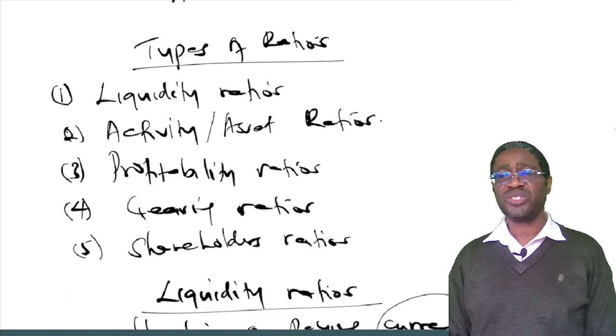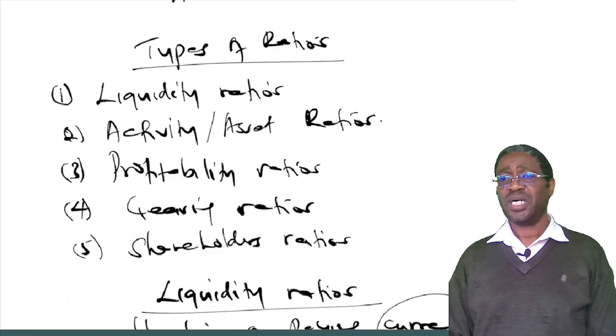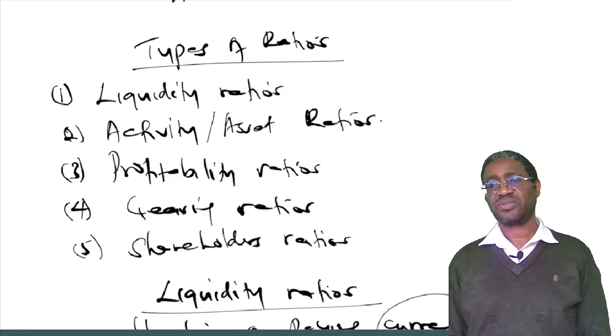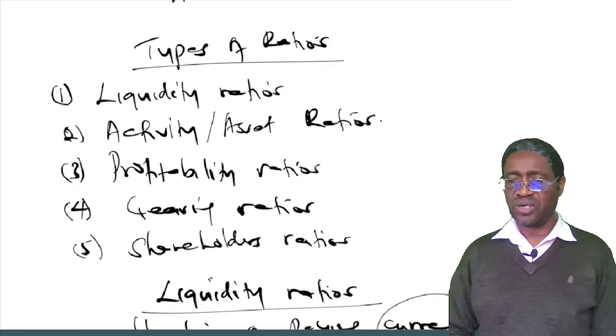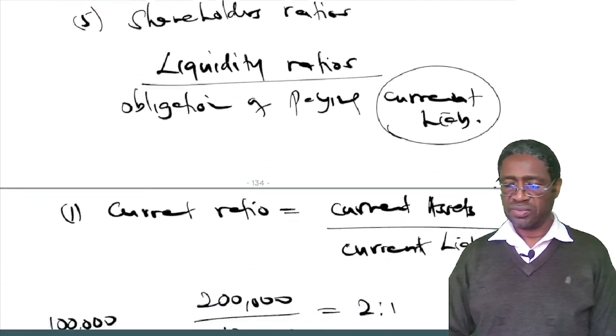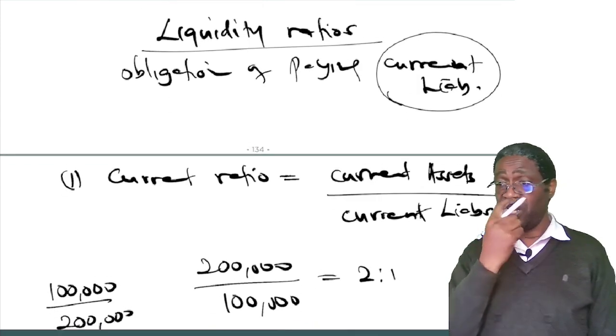If you're through, we start with the first category, and that is liquidity ratios. Have that subheading.